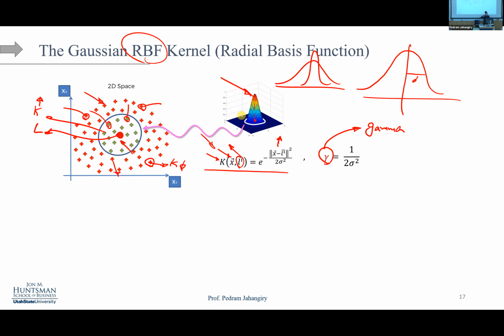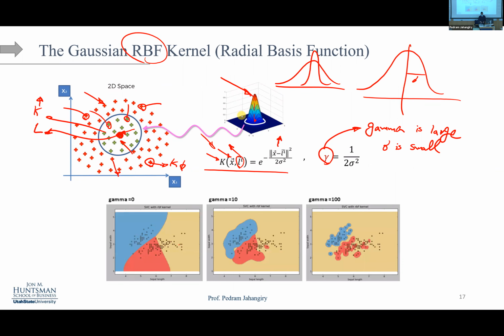So just think of, for gamma, if gamma is large, what does this mean? Sigma is small. If sigma is small, we are reaching out to closer observations, closer to the landmark. Does everyone see that? So if gamma is large, closer, more local observations. If gamma is small, further neighborhoods.